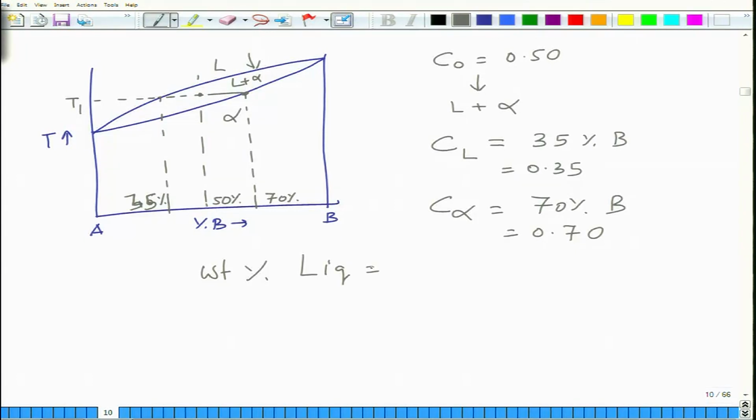So, weight percent liquid, where this is C naught, will be equal to C alpha minus C naught divided by C alpha minus C liquid.